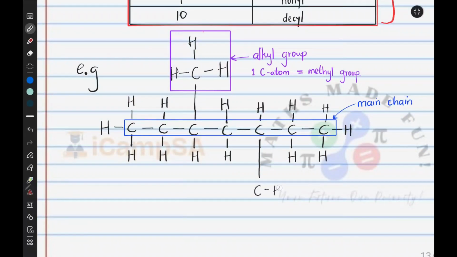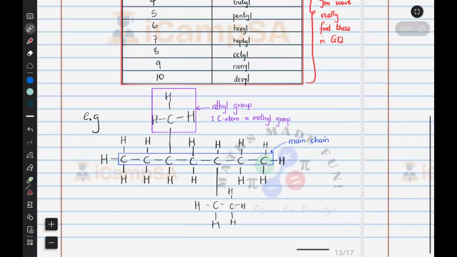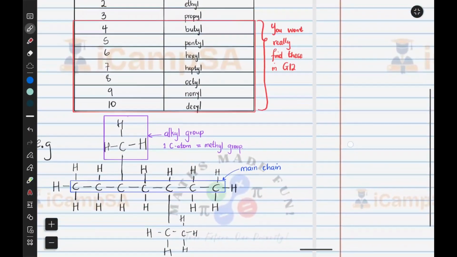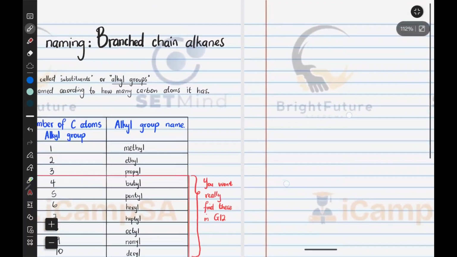It's also CH3, right? Or you might find that it's not CH3, it's just C like this. It has two carbon atoms. Okay, so they might repeat, and depending on whether or not we are repeating the same alkyl group, there are names that we must use. So there's a certain way of naming them.